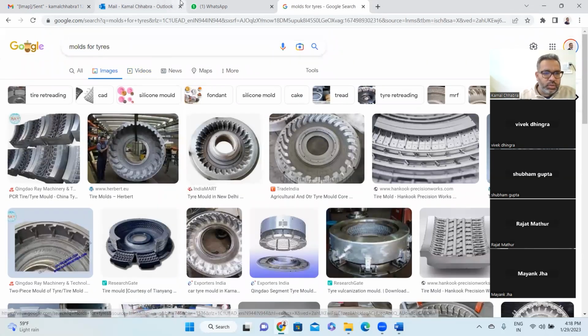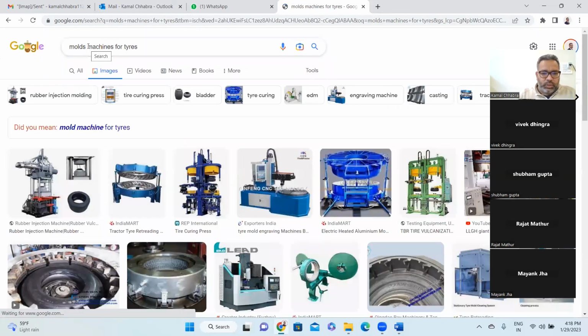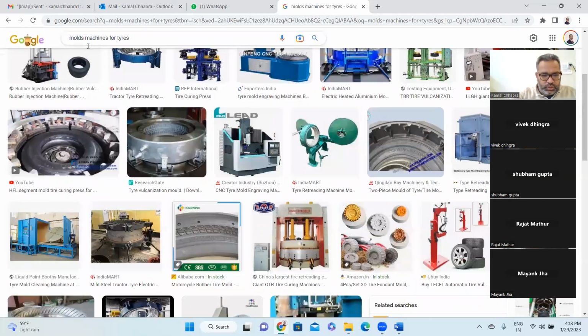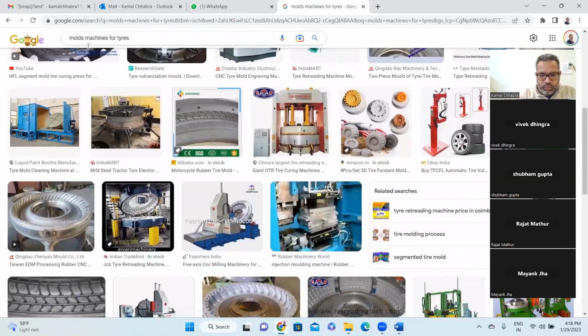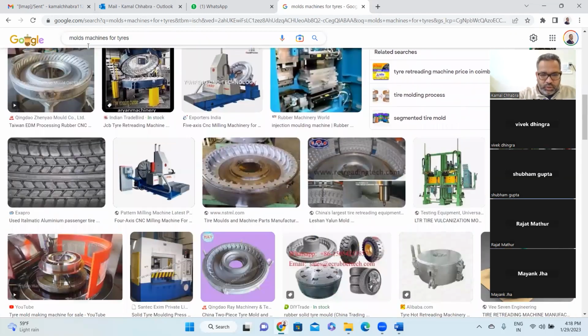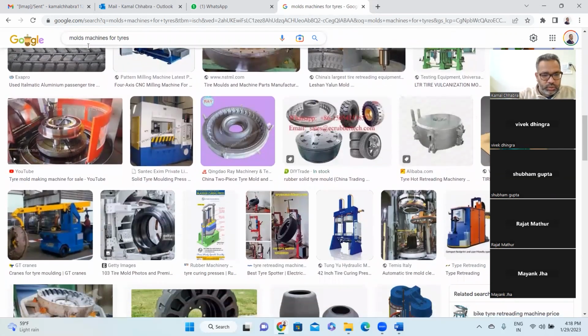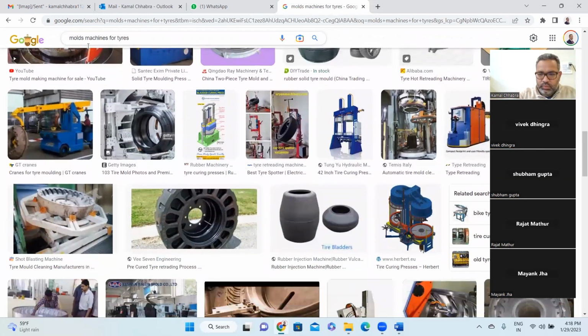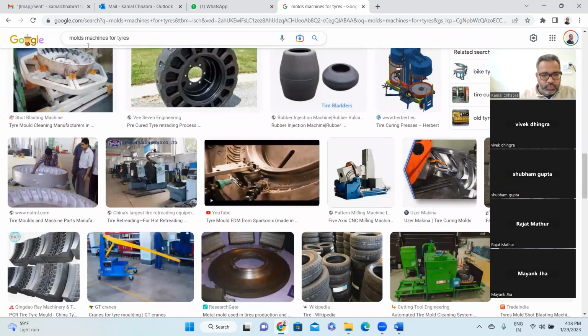Mold machine. Let me show you something which you can easily understand.